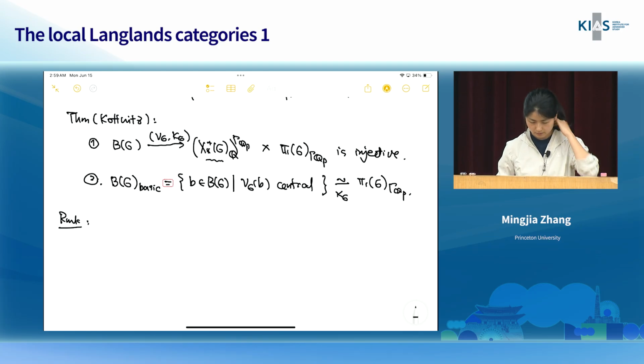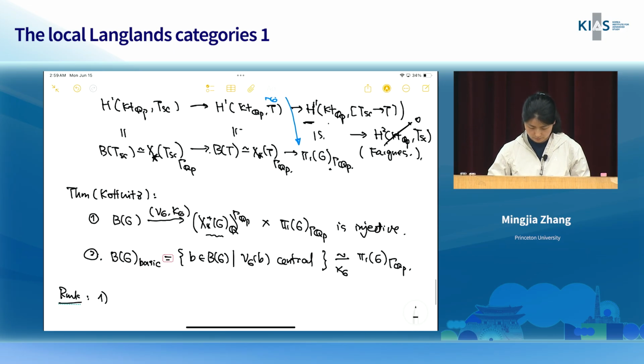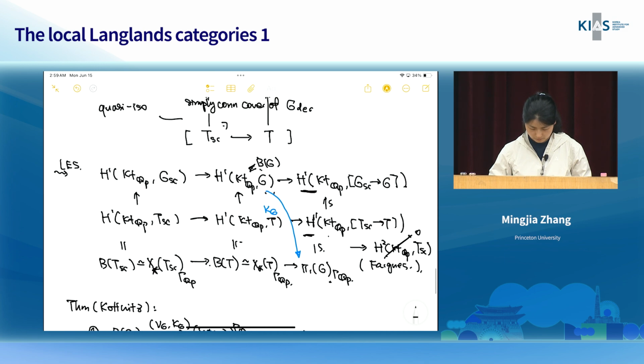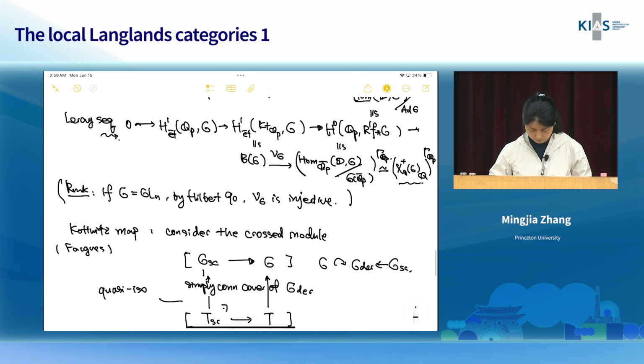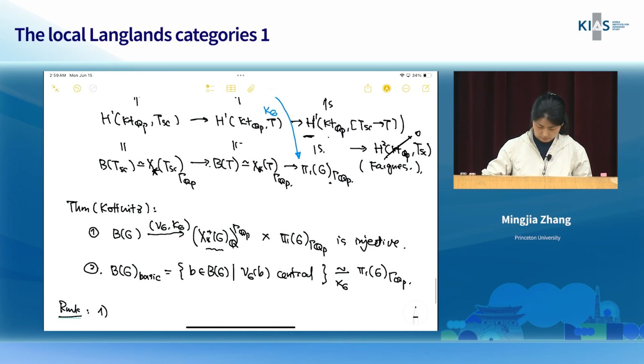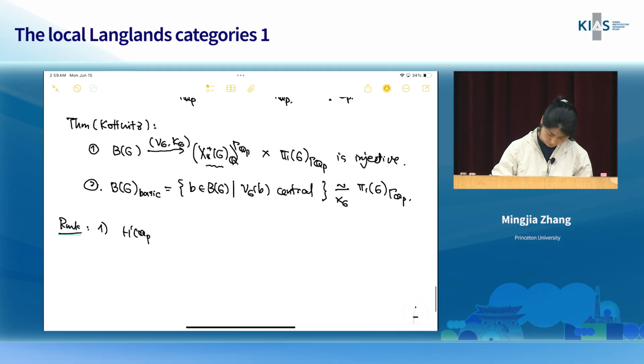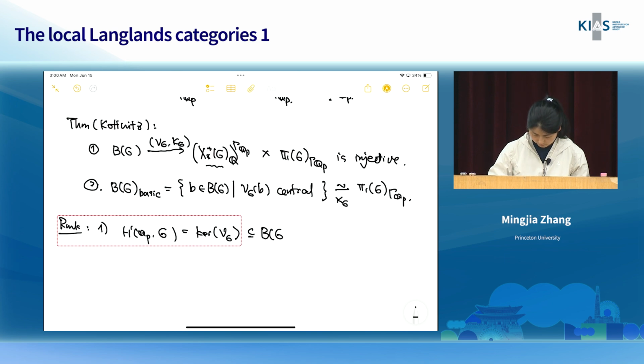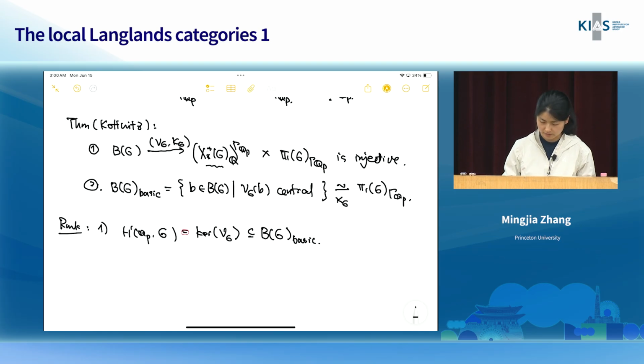Let me also remark that one can observe, again from the previous construction of the Newton map, that the kernel of the Newton map is identified with H1 of Q_p with coefficients in G. When the Newton point is trivial, it's also central, so these are contained in the set of basic elements in B(G).